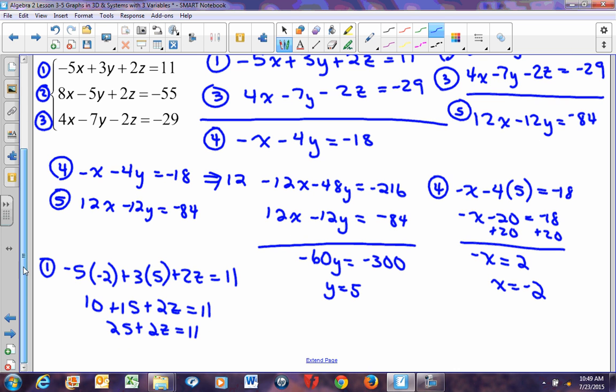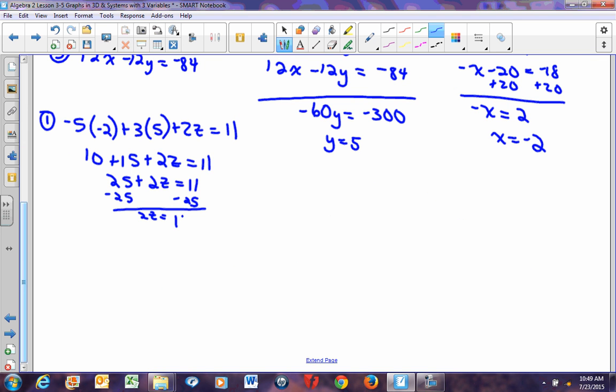So I subtract 25. So 2z equals 11 minus 25, which is negative 14. So 2z equals negative 14, which means z equals negative 7. So my solution to this system, written in x, y, z form, is negative 2, 5, and then 7.